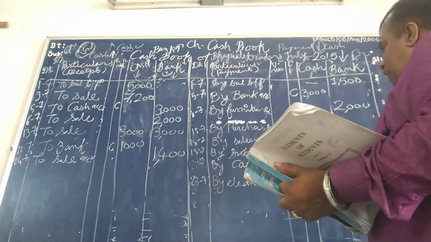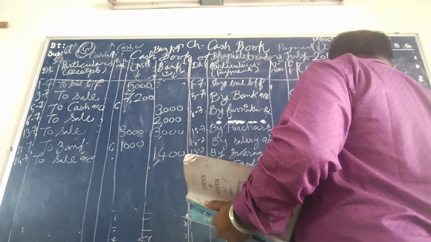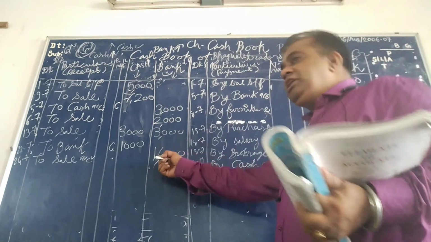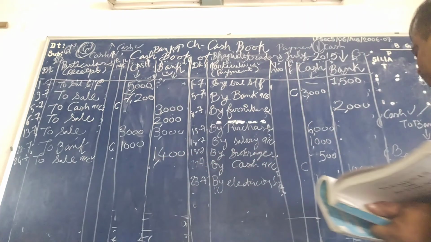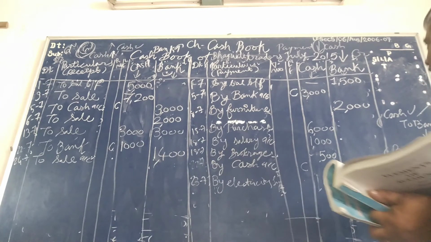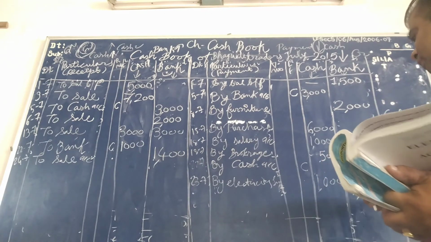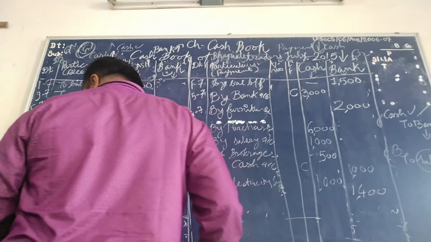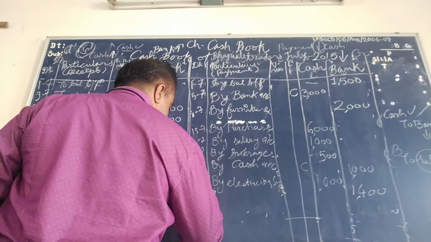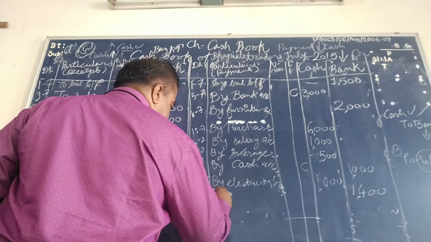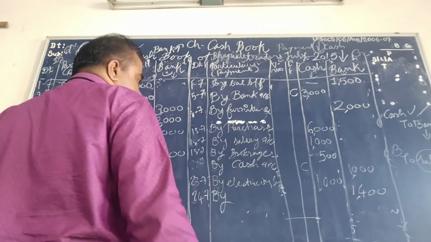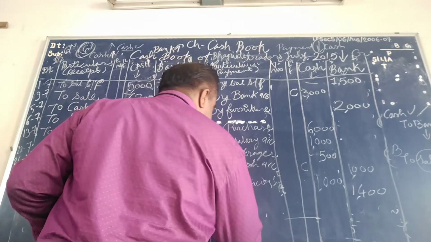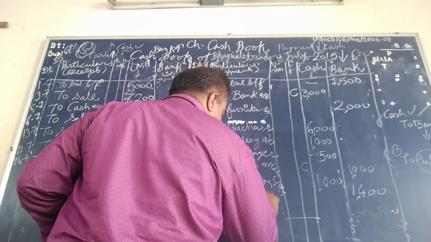So in the bank credit side we write here 1400, because it is dishonored. We received the check and now it is dishonored, so we deduct it in the form of payment side. So here we write 24th of July. Whose check is dishonored? Smith. So we write here by Smith account.